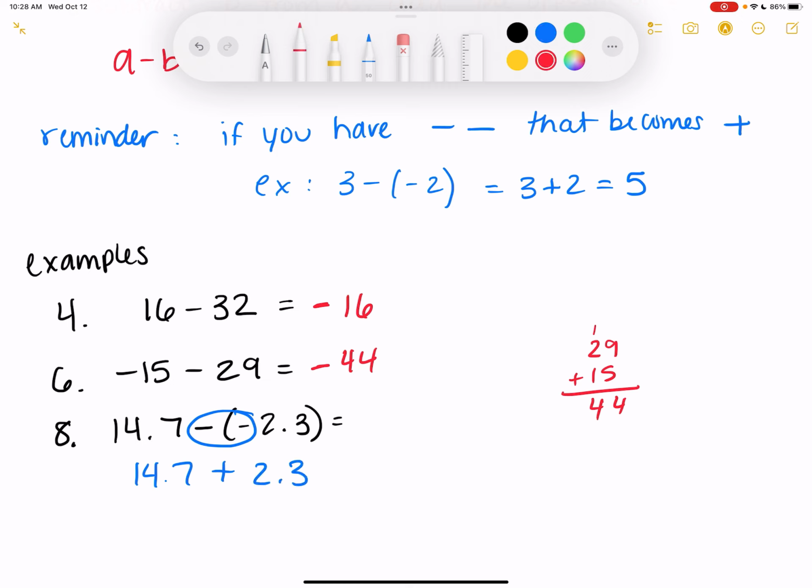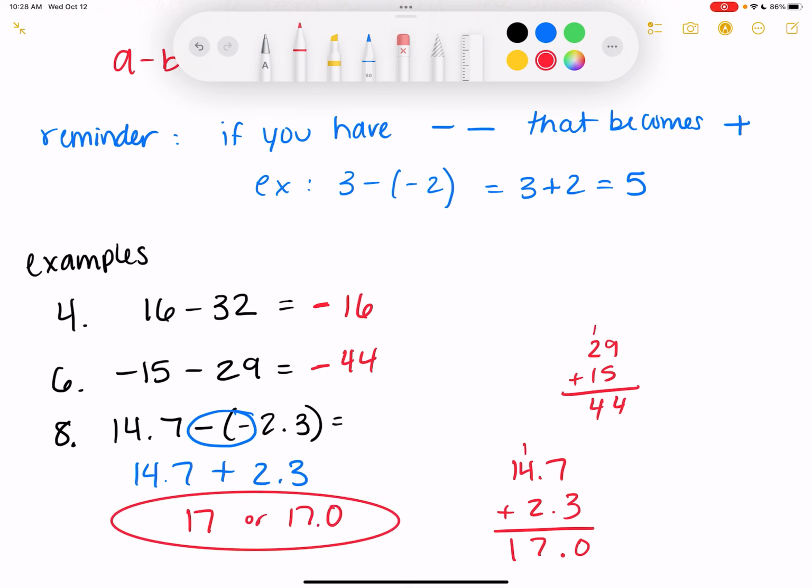So we can stack those, 14.7 plus 2.3. So that's going to be 10. So then that's 4, 6, 7. Now, because it's a 0.0, if you want to write it, you can, but you also don't have to. So you can either write it as 17 or 17.0. Either of those would be fine for that one.